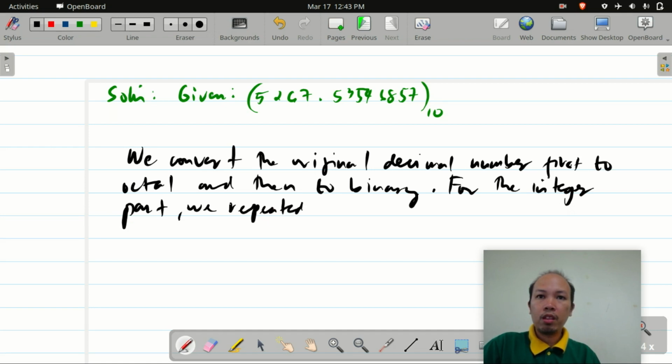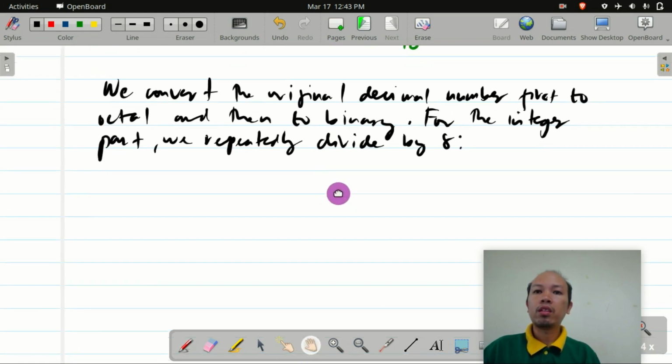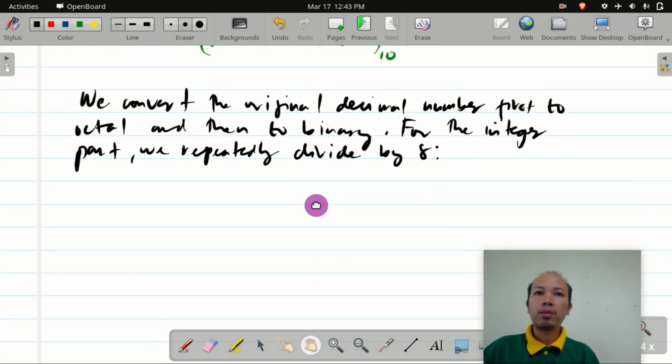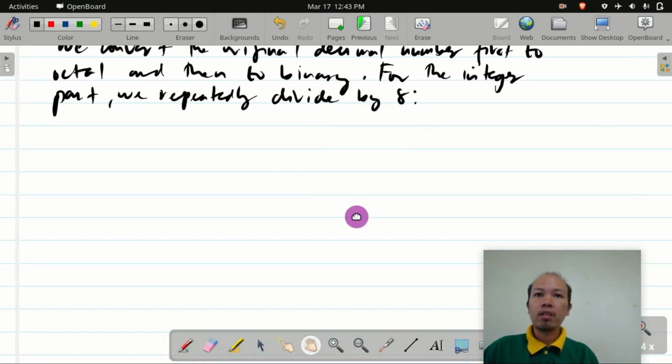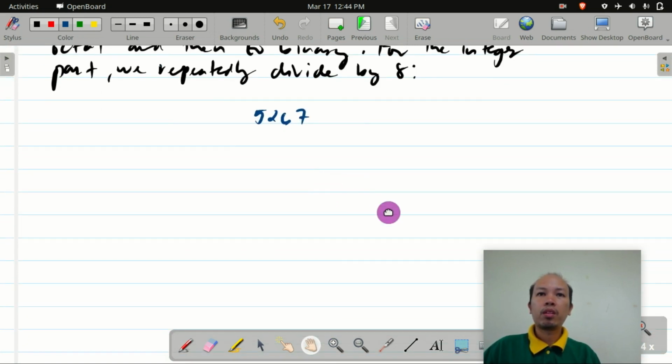For the integer part, we repeatedly divide by 8. So as you can see here, we have 5267.